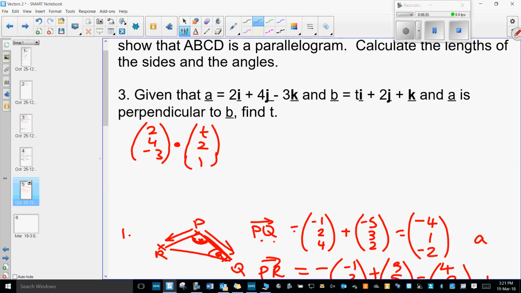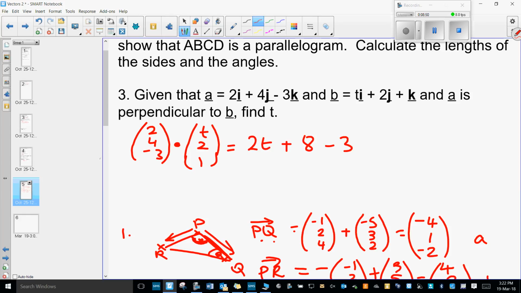So what did we say when they're perpendicular? What equals 0? The dot product. Yes. So first I do 2 times T plus 4 times T plus negative 3 times 1. That's 8 because I did 2 times 4 in my head.